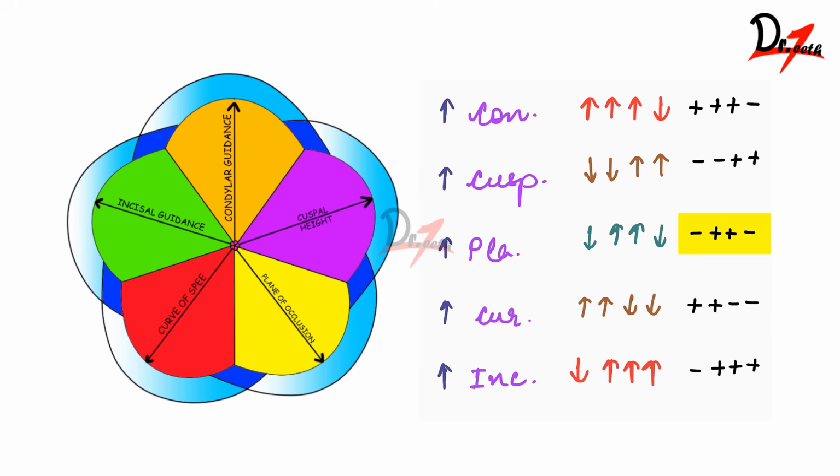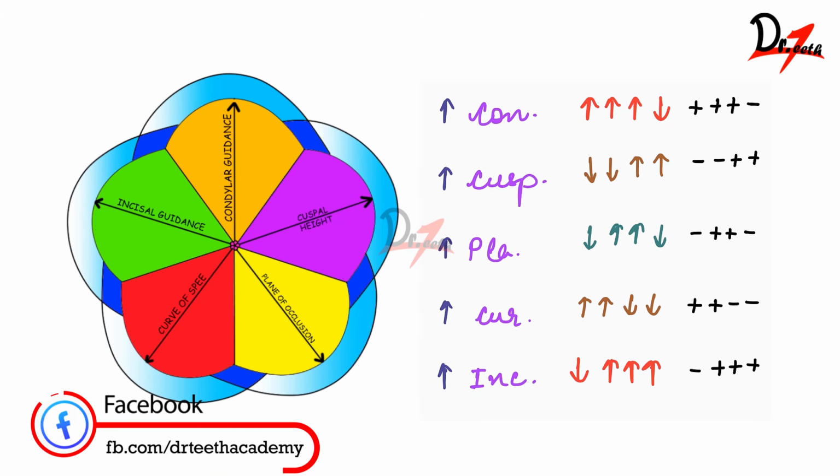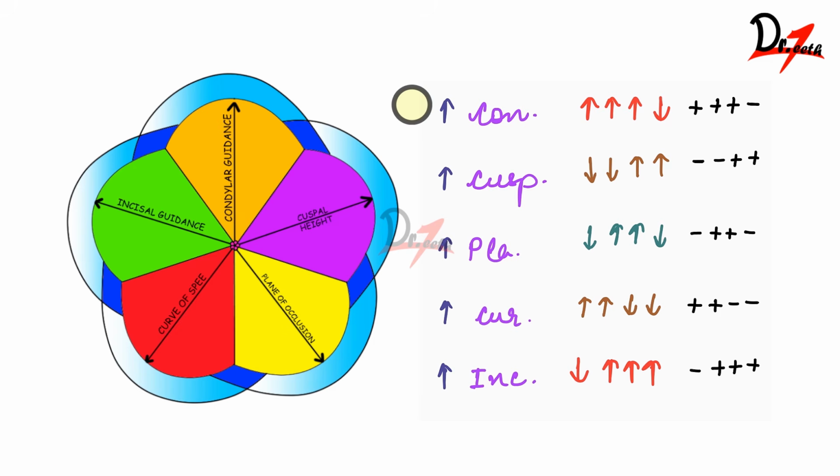Now let us see what these arrows represent, and here comes the role of that sequence. That sequence we are following, right? So we will always be going from top to bottom. So when we have the condylar guidance increasing, just forget about this. The factor which we are considering, we will forget about this and start from the next one.